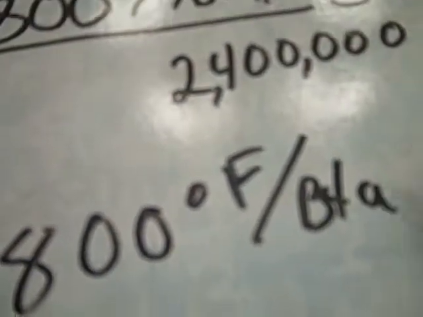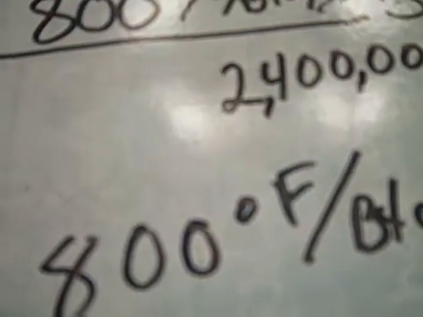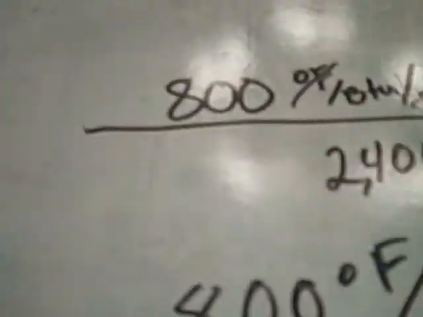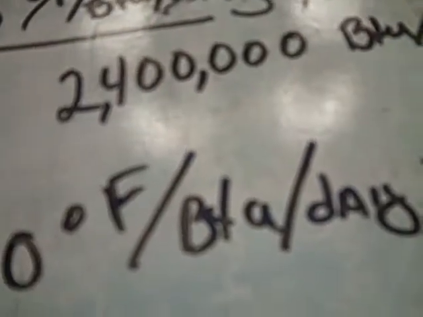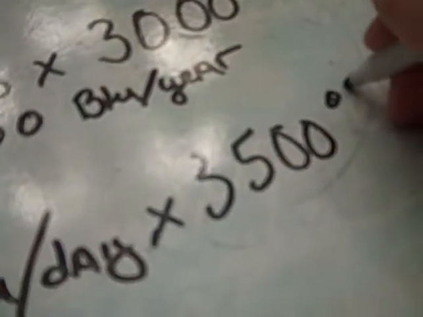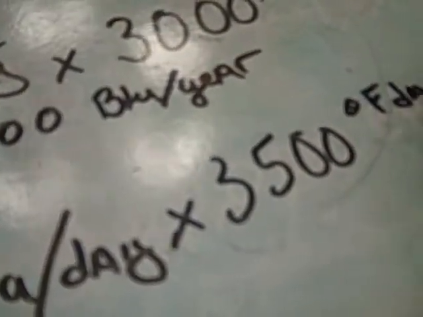Now the next part, I want to set it up for a different location. So it's still 800 degrees Fahrenheit BTUs per day. I'm going to times that by my 3,500 degree day location, so that's Fahrenheit, days, year.